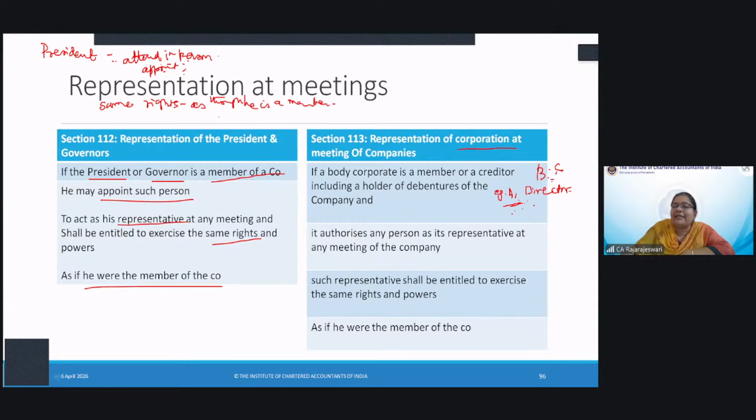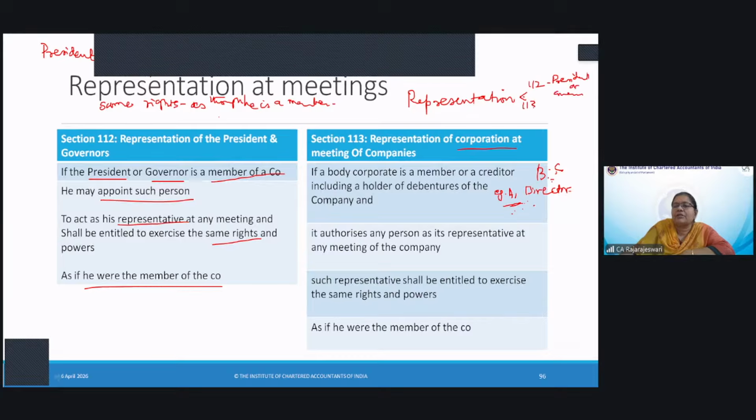So you call it representation. So section 112 talks about the case of president or governor. Section 113 talks about body corporate.